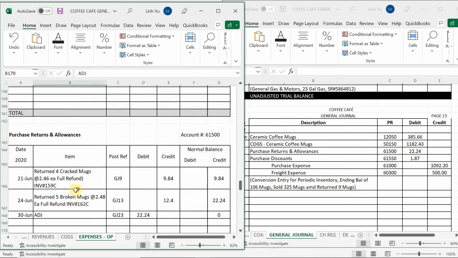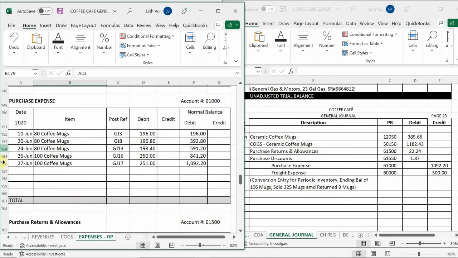Then we've got to go up to our purchase expenses. So you could say adjustment, conversion entry, whatever you want to put here. And you're going to credit your account for $1,092.20.